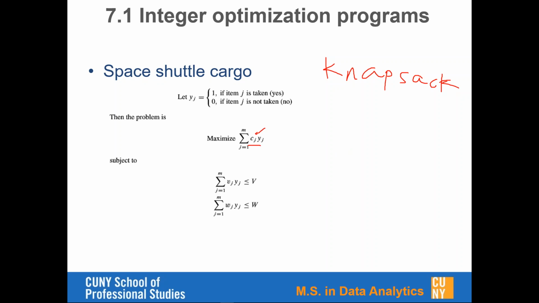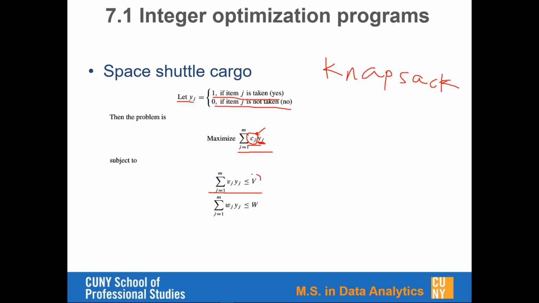So if you carry a certain amount of Y, in this case it says if you take it or if you don't take it, and if you take Y, then you will have a return of CJ. And what I'm trying to do is maximize this total benefit in that knapsack.